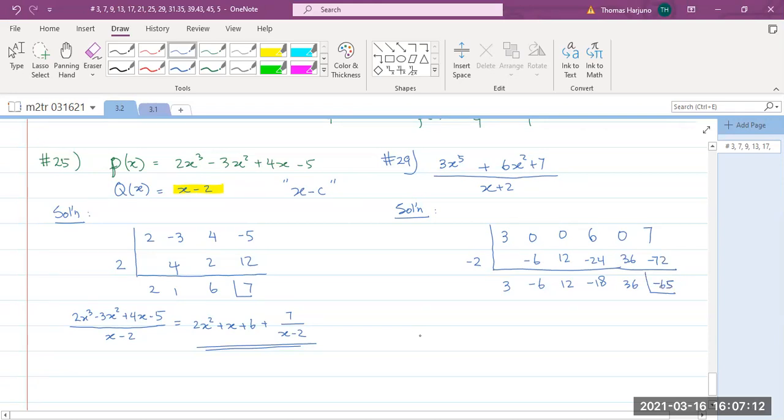So 3x to the 5th plus 6x squared plus 7 divided by x plus 2. If you try to use long division, it will take you forever to get this. You know, and of course, you will lose too much.